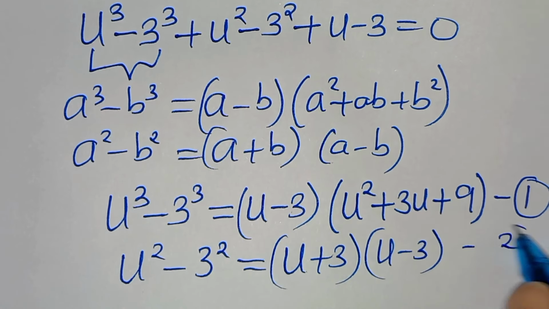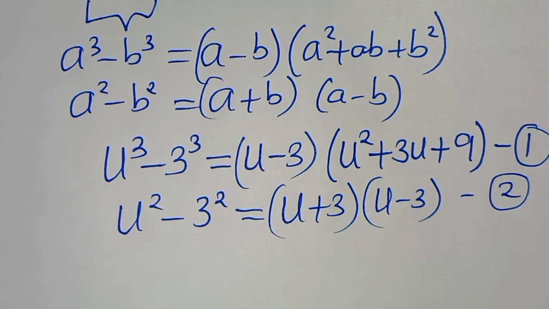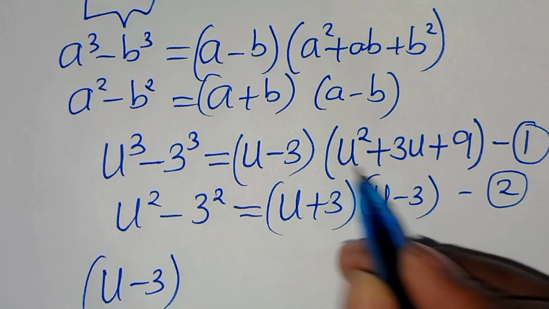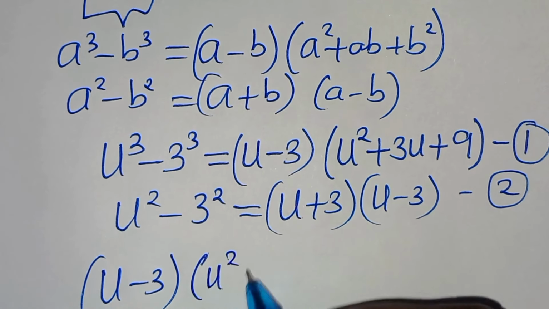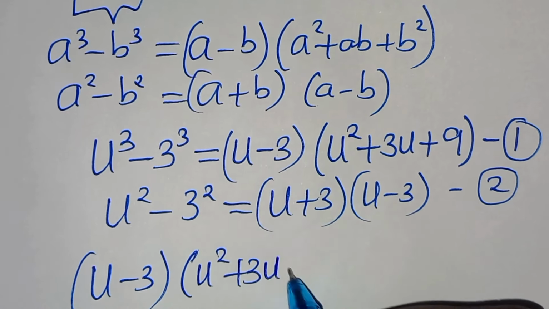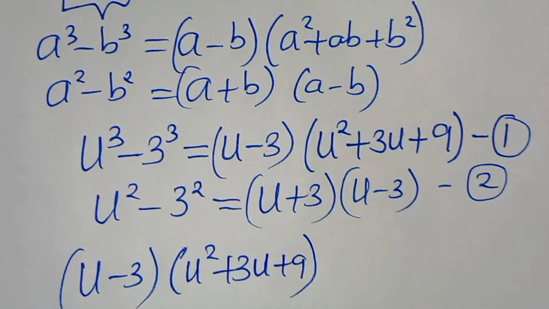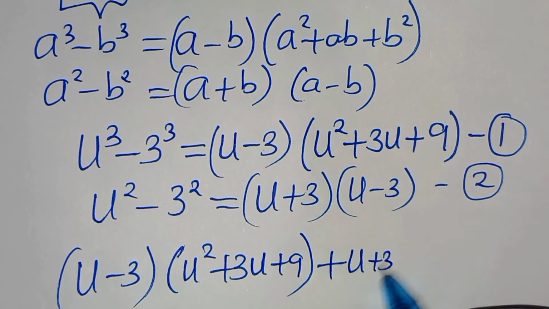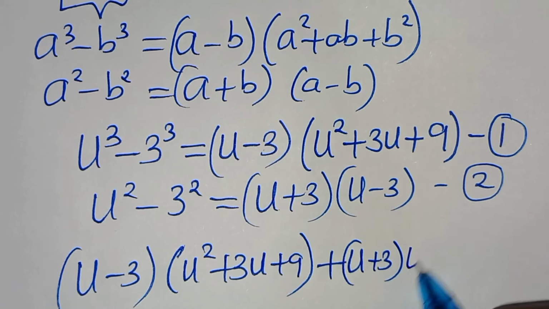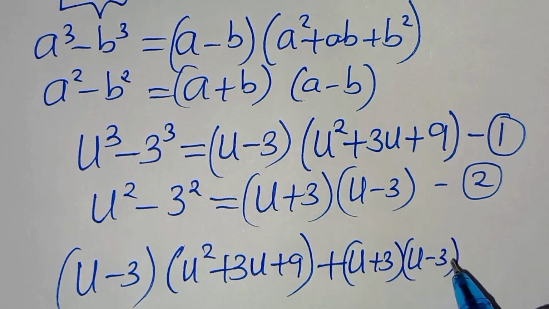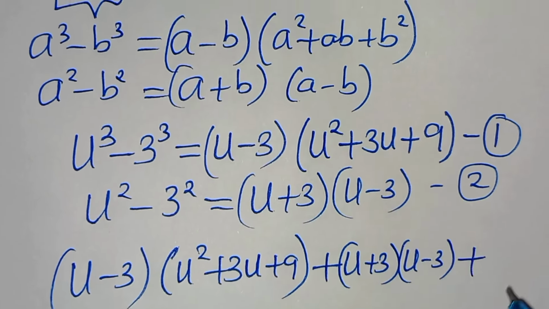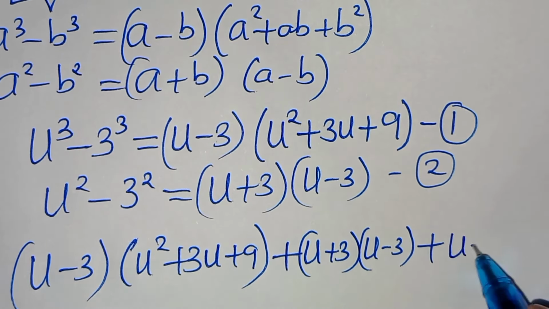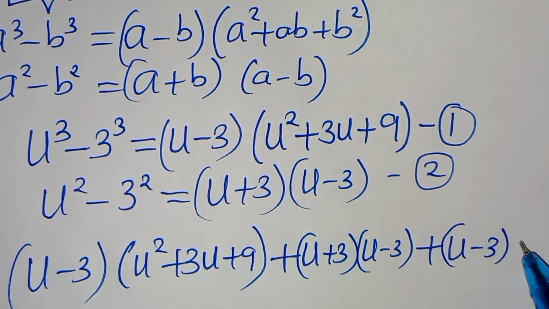Let's call this equation 2. So we can write this as u minus 3, u squared plus 3u plus 9, then plus u plus 3, then we have u minus 3, then we have plus u minus 3. So we have u minus 3. This is equal to 0.